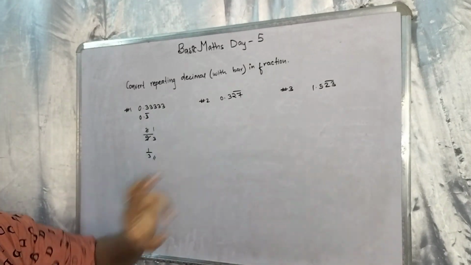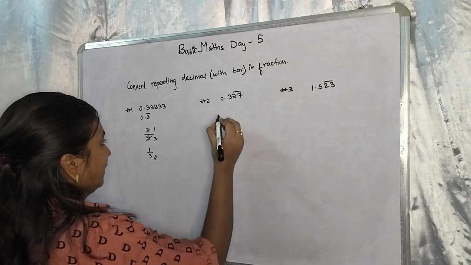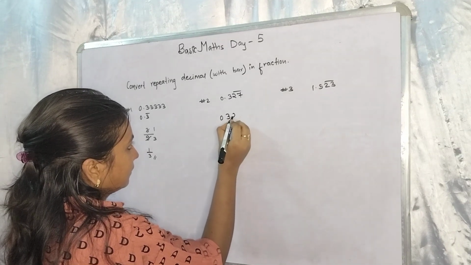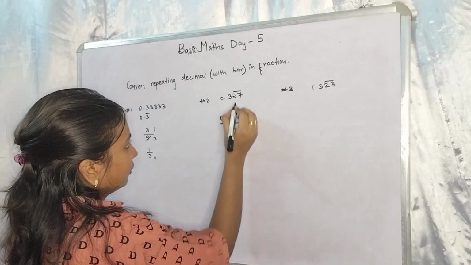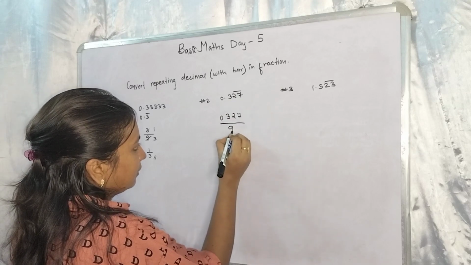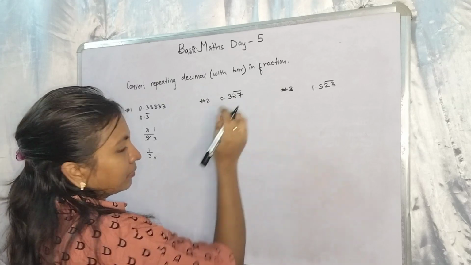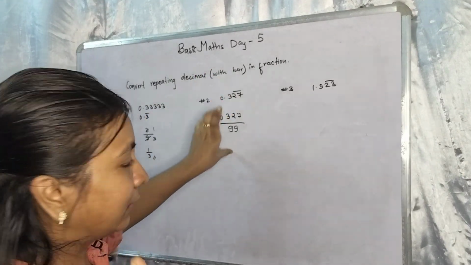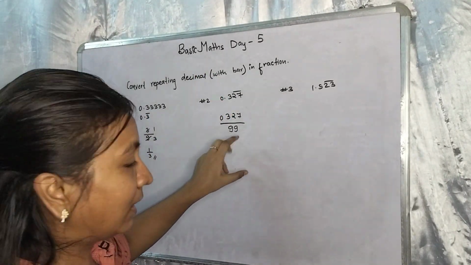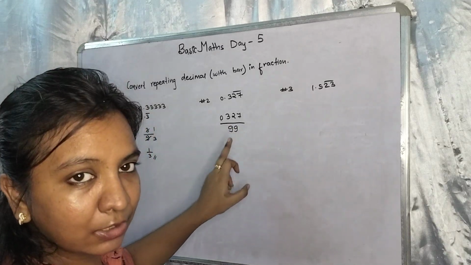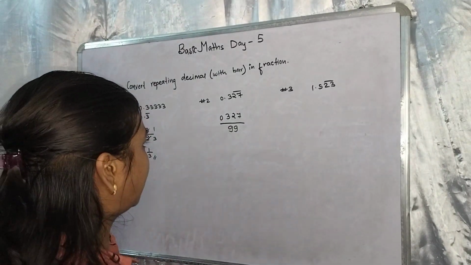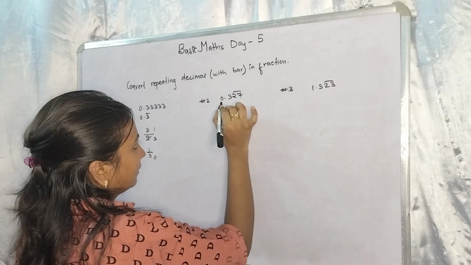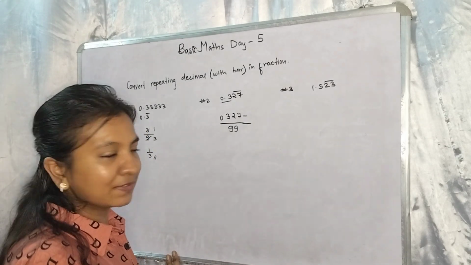Moving forward to the second question. As I told you, to remove this bar, since the bar consists of two numbers, you will divide by 99. It means two 9s. But here you will subtract the number which was remaining.